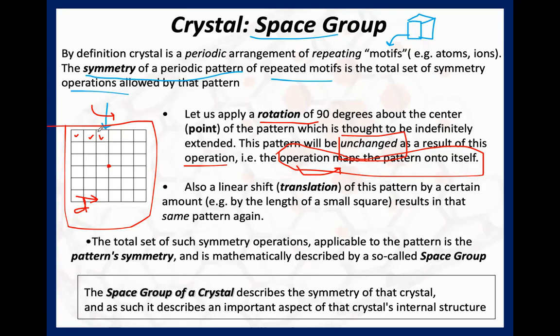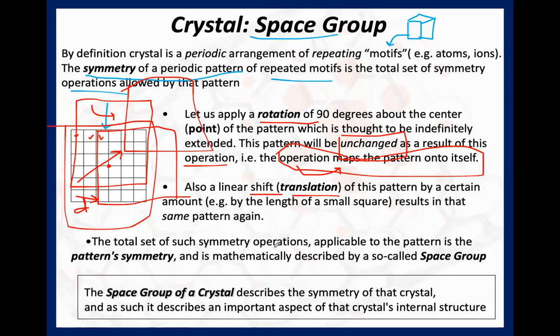After distance D, it will again appear as the same pattern, even though you move it in any direction, maybe this direction or even offset in an oblique direction like this. It won't change. So the shifting or movement, which we call translation, does not change the shape. The geometrical shape is not distorted.